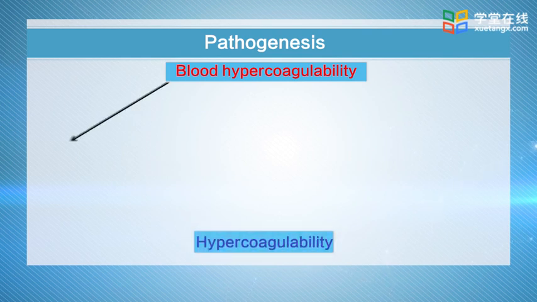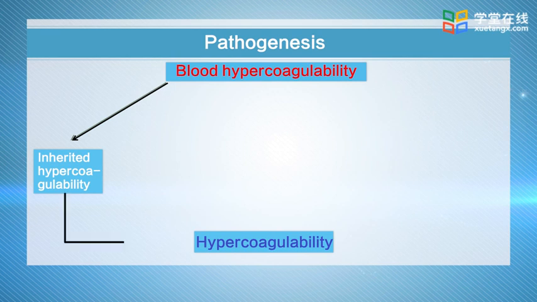hypercoagulability. Inherited causes of hypercoagulability include mutation in the factor V gene or prothrombin gene. When an important antithrombotic counter-regulatory mechanism is lost, hypercoagulability ensues. Acquired hypercoagulability can be the result of different factors.